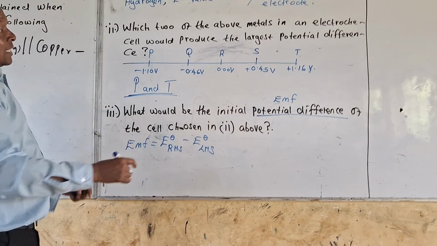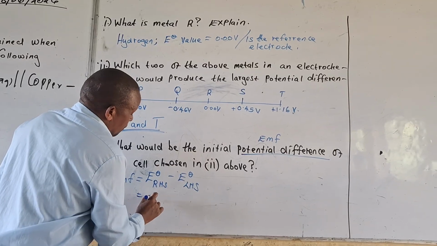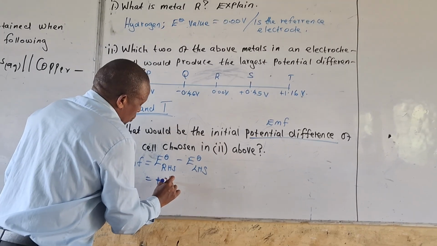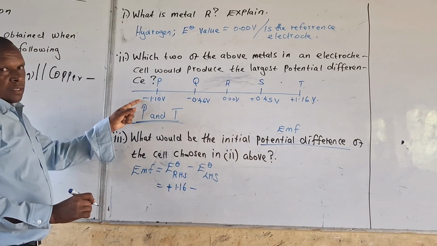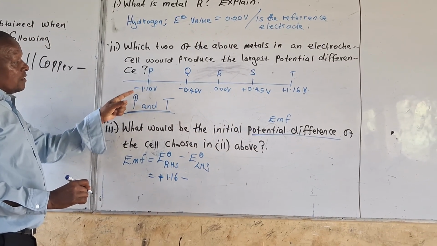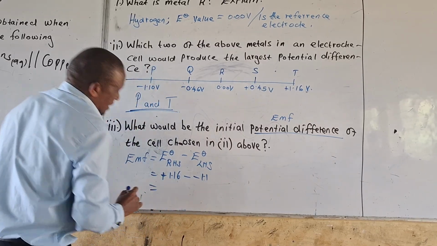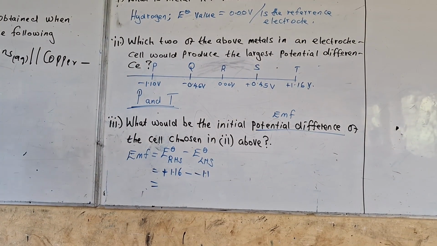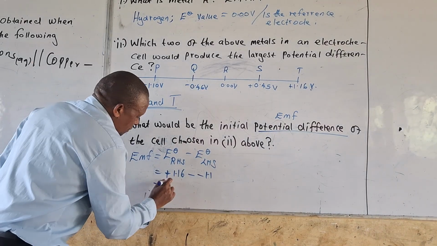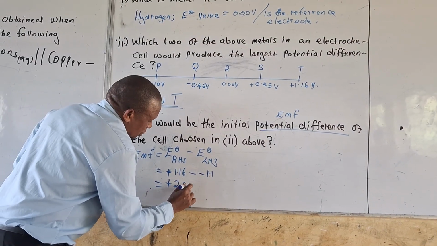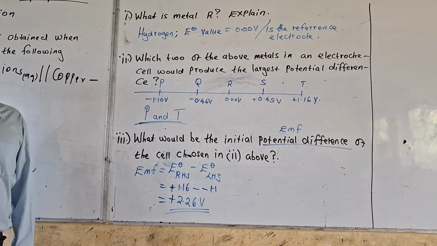On the right hand side we have T, which is positive 1.16. We subtract the one on the far left, which is negative 1.1. So we subtract negative 1.1. What do you get as our voltage? 2.26. So we get positive 2.26 volts. So that is what we get for that question.